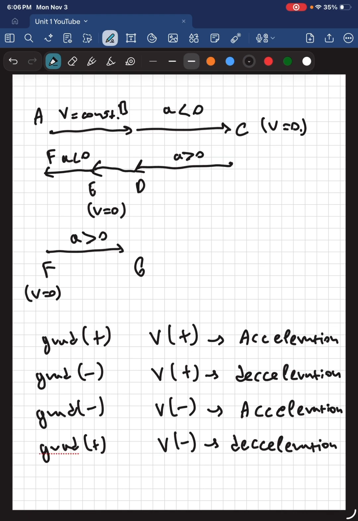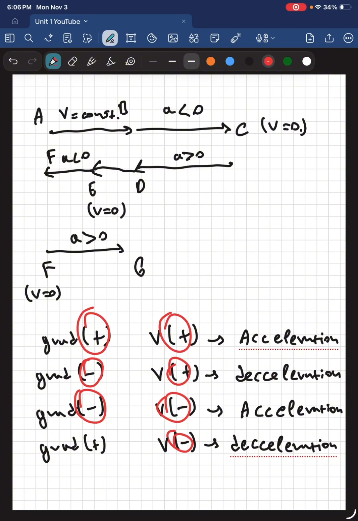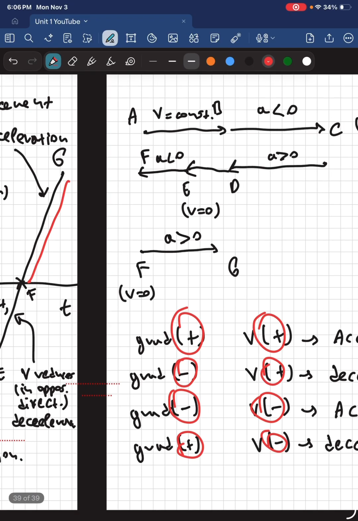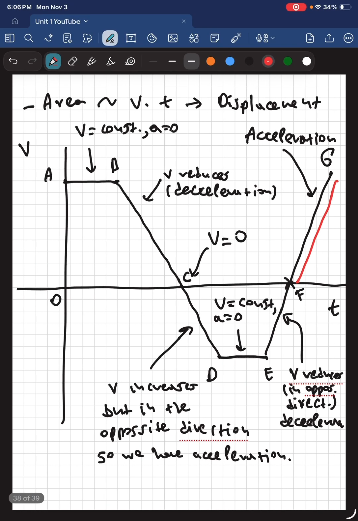Okay, so when the signs are both of the same kind, we have acceleration pretty much. And when they are opposite, we have deceleration. So for example, let's say I go to this segment over here. The velocity is negative, the acceleration is negative.